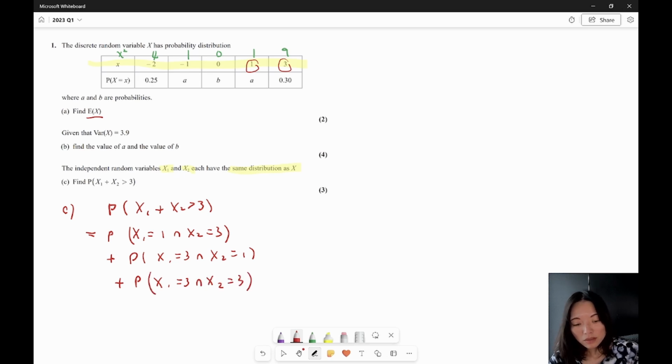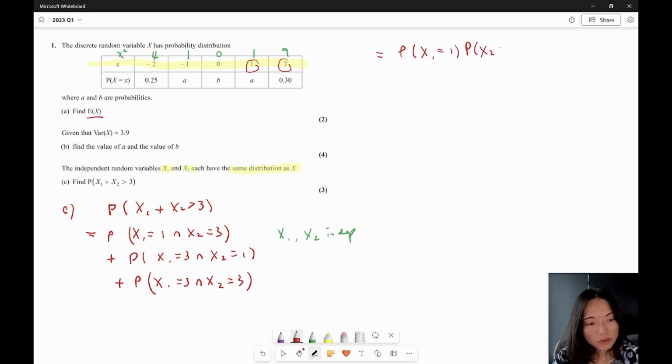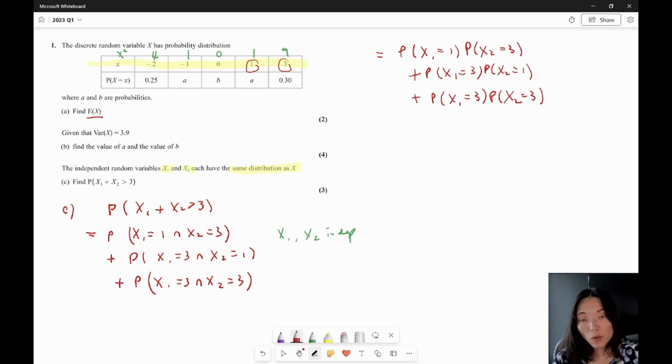And because x1, x2 are independent, that equals probability of x1 equals 1 times the probability of x2 equals 3 plus probability of x1 equals 3 times the probability of x2 equals 1. I'm just writing that all out so that it is clear. You might not have to in the exam, but if you have time, it's always best to write down all your steps.